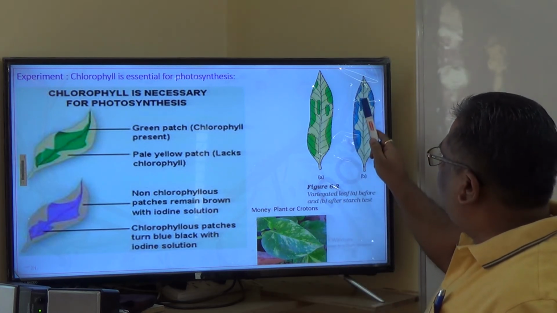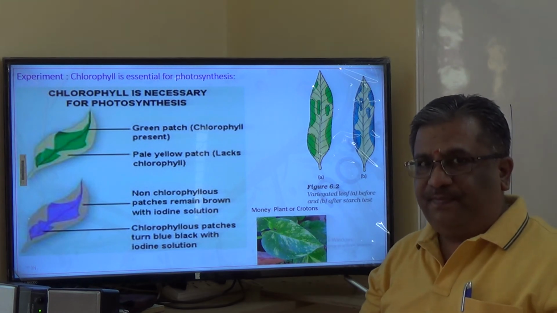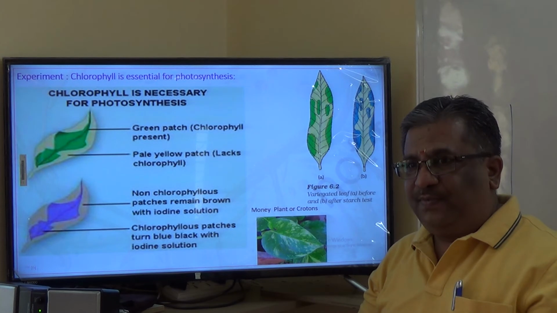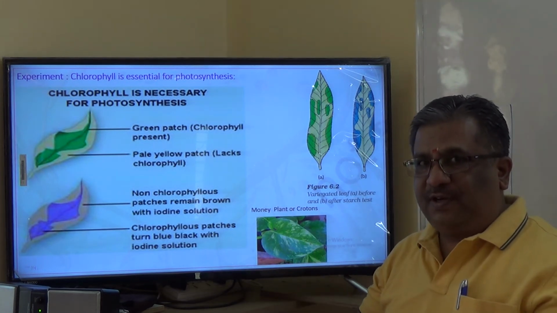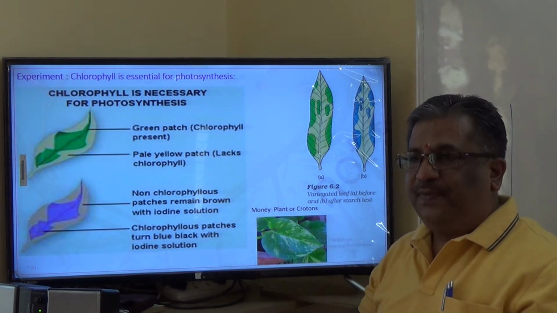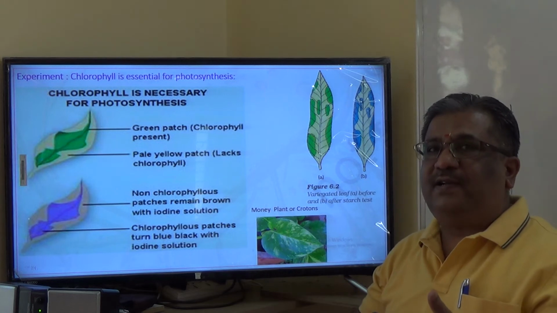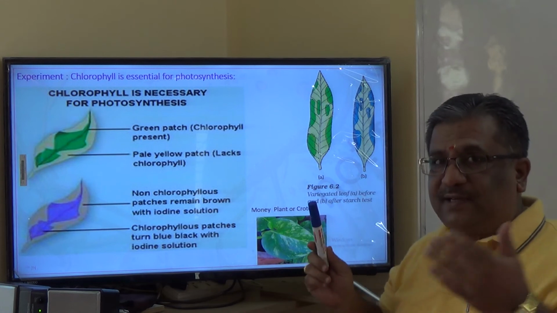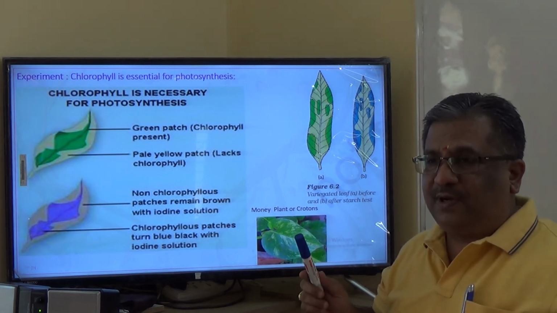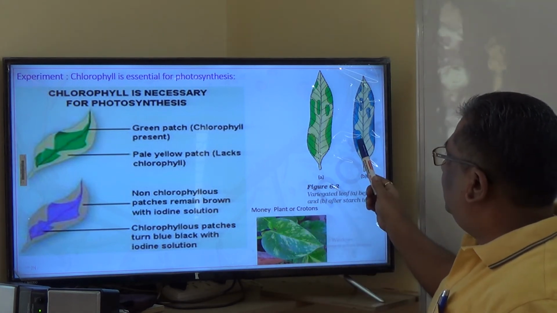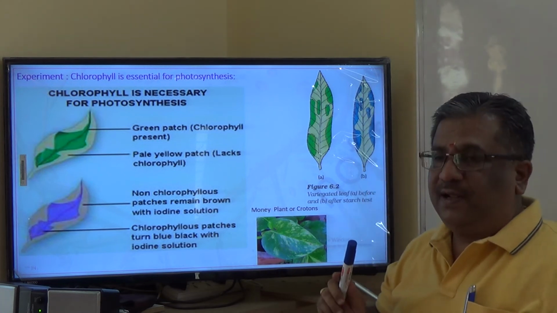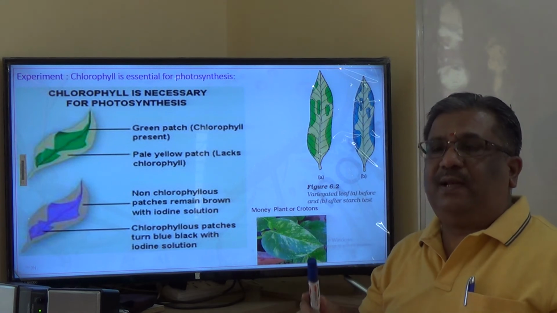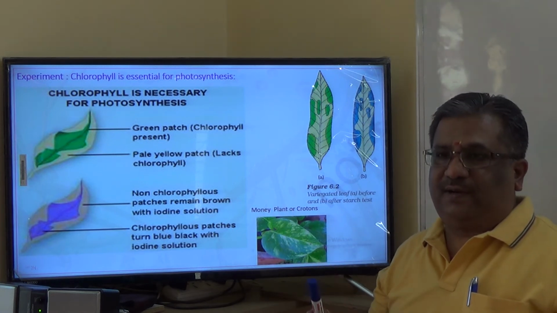Wherever the green portion was there on the leaf, there the photosynthesis took place, glucose was produced, starch was produced, and therefore iodine turns blue-black. That means wherever you had marked earlier the green portion, there you can see the blue-black color of the iodine, and in the rest of the leaf you observe pale yellow or slight brownish color.